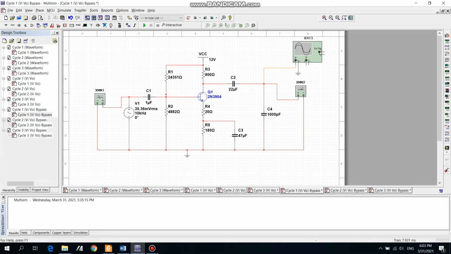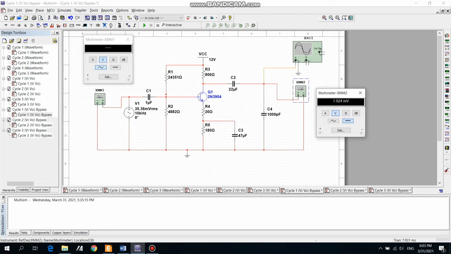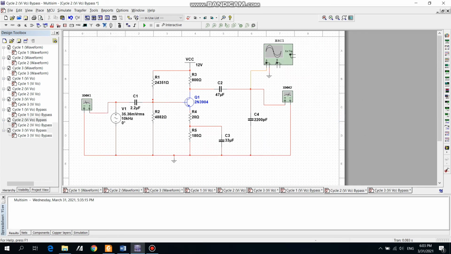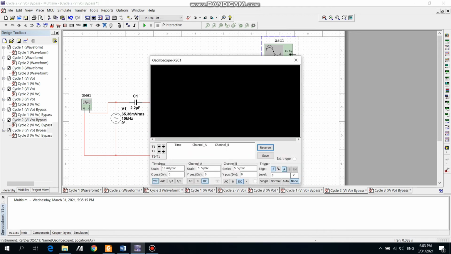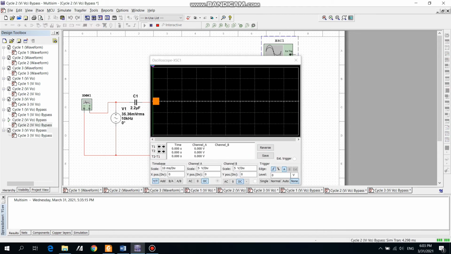and then we measure the input voltage and output voltage by the multimeter, put it in the AC. So we simulate, we get this value, and then we go to cycle 2. Cycle 2 same, we want to see the waveform.